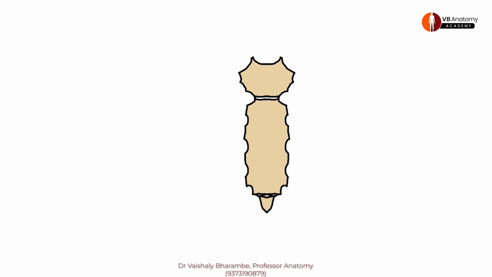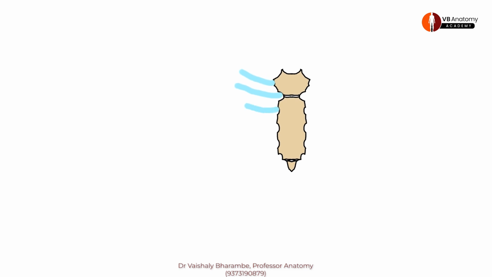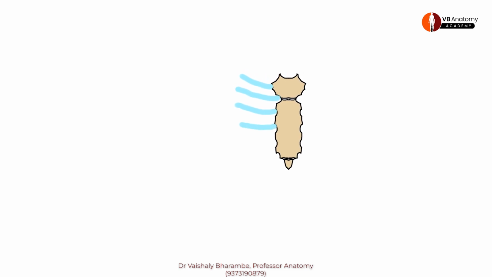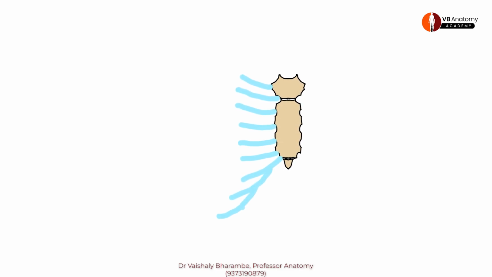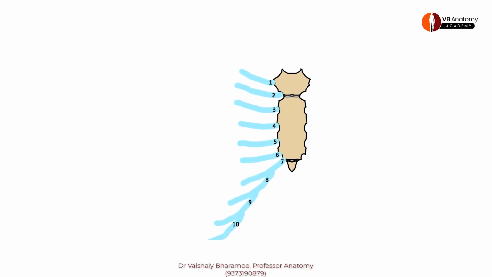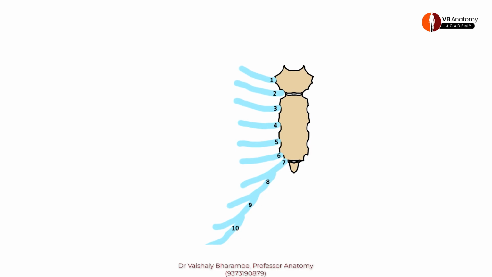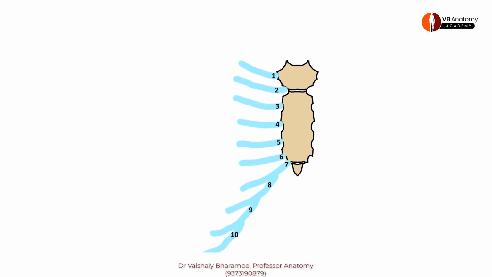So, here is your first rib, your second rib, third, fourth, fifth, sixth, seventh, eighth, ninth, and 10th. Okay, so that's your rib cage. Okay, now let's begin to add the blood vessels. This is a very simple diagram.